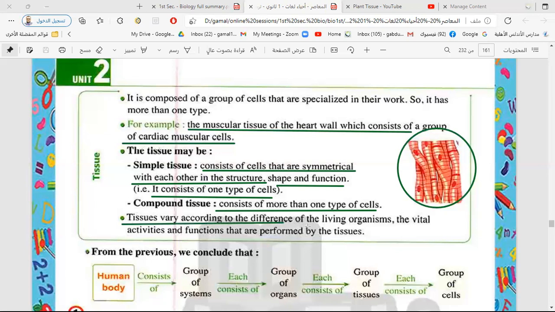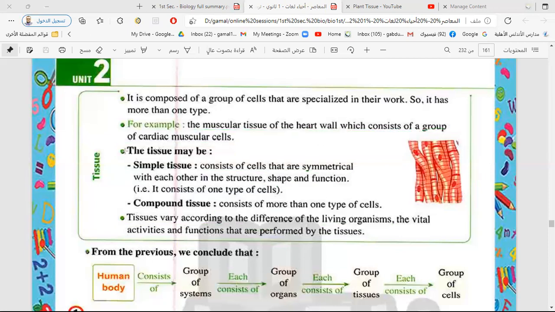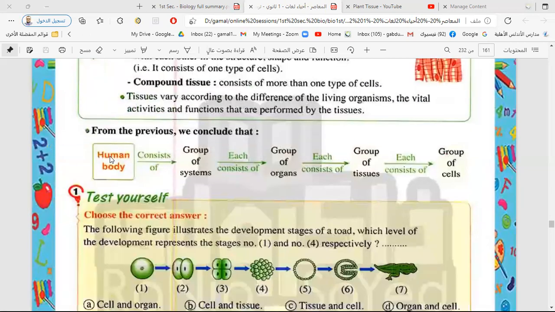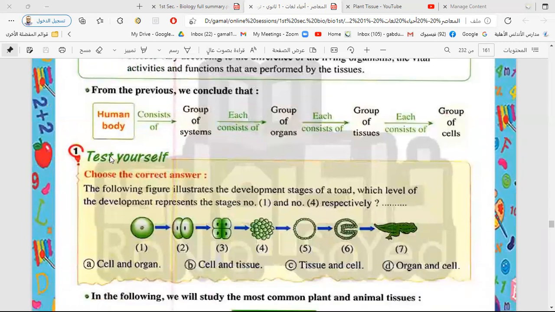The tissues vary according to the differences of living organisms, the vital activities, and the function performed by the tissue and by the organ that the tissue is a part of. So we can summarize this part as the following.